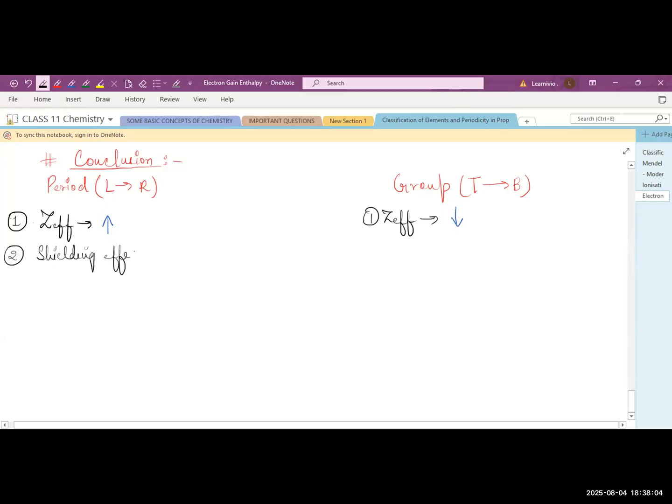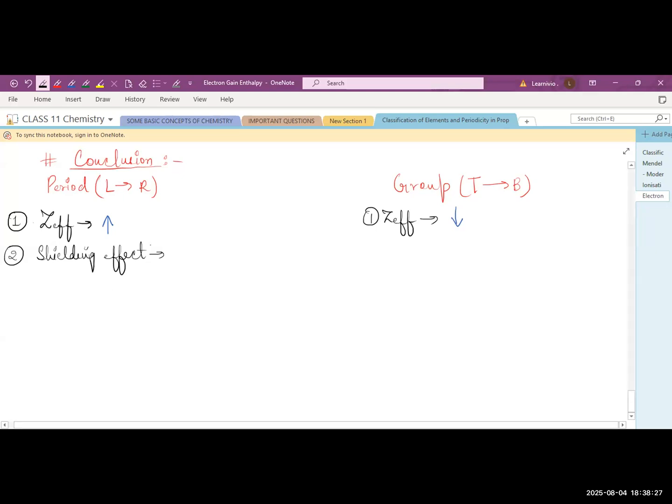Second property, the shielding effect. Basically, the shielding effect remains constant, right? But in some cases, we found that it does not increase as much as it should, so we consider it constant.